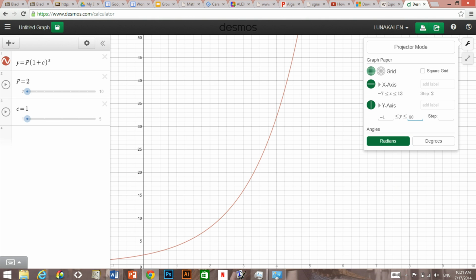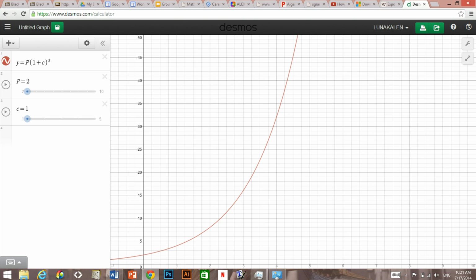So given this graph, with the initial population of 2, which is right here, at 0 and 2, we know that at the 0th year we have an initial 2 rabbits, and then our population will be doubling in this case. So let's see what happens if we increase the amount of rabbits in the population.